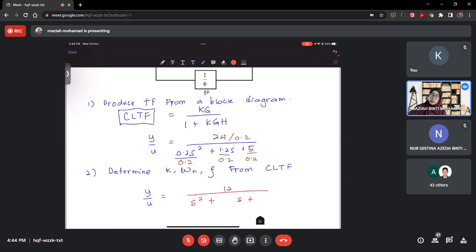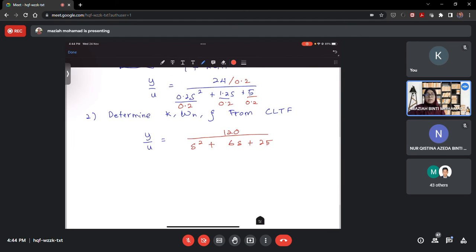120, S square plus berapa S? 1.2 divided by 0.2 is 6, plus 5 divided by 0.2 is 25. Right? So now the transfer function is already in the standard form. We can see here it is 1 S square.